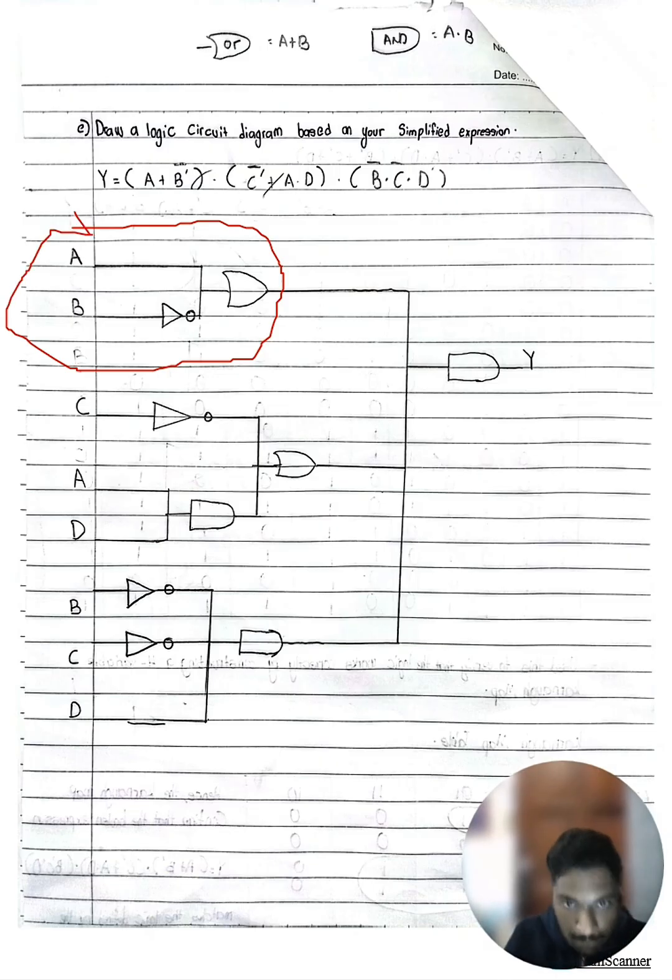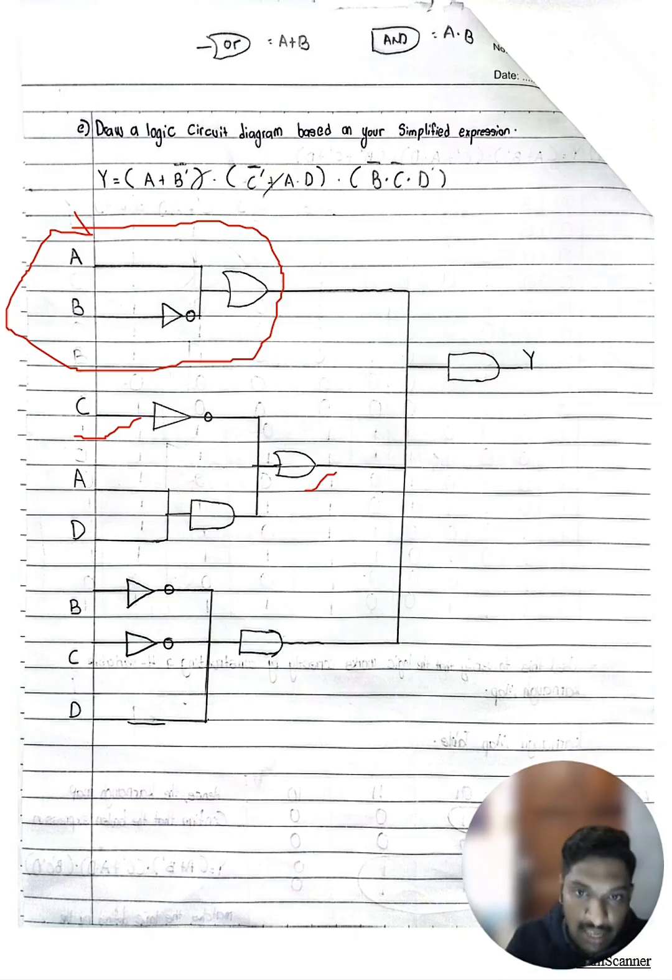And this one is C bar and this one A D. So A and D can be times. So the final output is C bar plus A times D. As you can see, C bar goes here, then this is the symbol for the OR diagram.